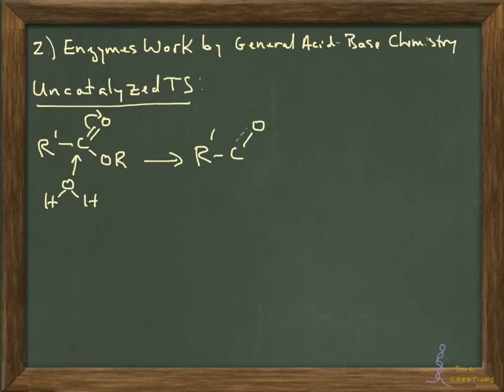Instead of being fully anionic, it's partially anionic. And the water has partial bond formation there, so it develops charge. Has to stay neutral, so if there's delta minus, there must be a delta plus somewhere else, and it's on that oxygen, right? Does that make sense? And so that's the uncatalyzed transition state there.